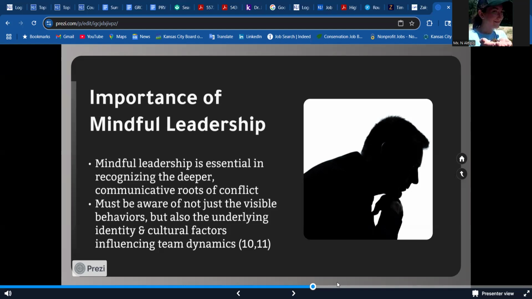Humans are social creatures, and it's really hard not to bring those things to work with us, right? So a mindful leader needs to be aware of not just visible behaviors, but also the underlying identities and cultural factors that influence a team's dynamics moving forward.